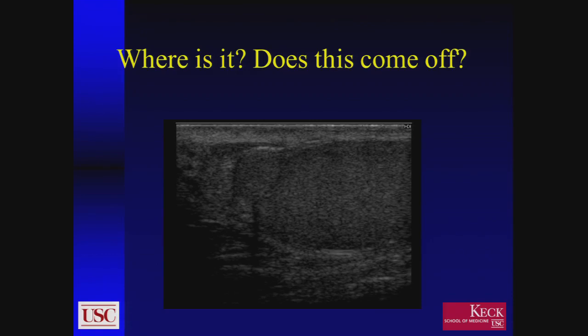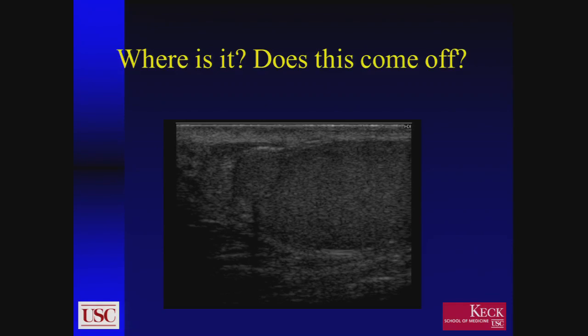Obviously, if it's an intratesticular mass, it's going to come off, and along with it, so is the testicle. If it's an extratesticular mass, most of these are going to be benign, and depending upon the comfort level of the urologist and the patient, many of these can be either followed or have no intervention at all.